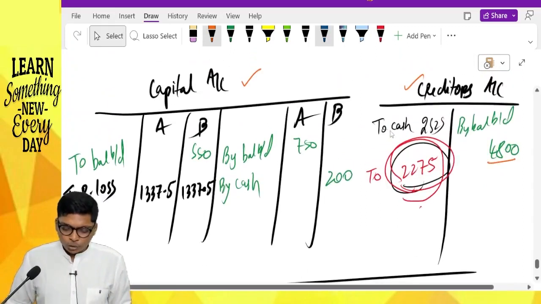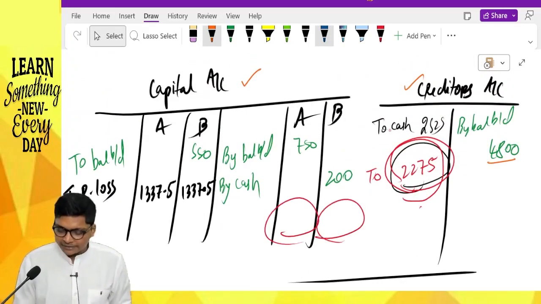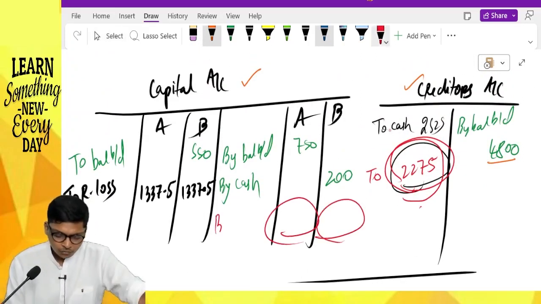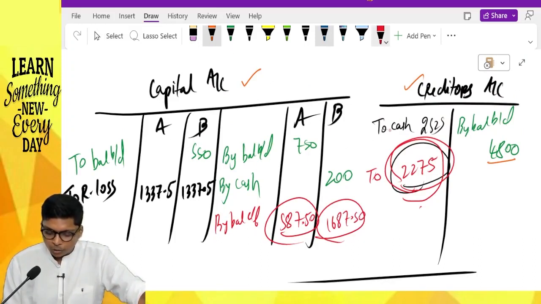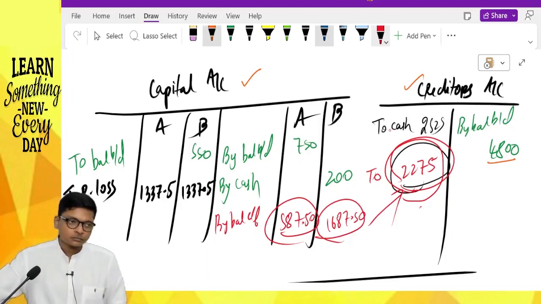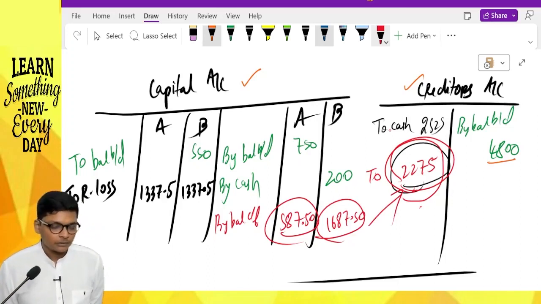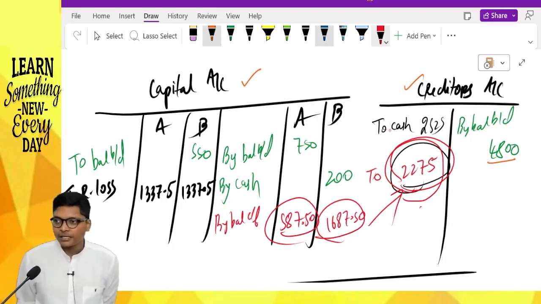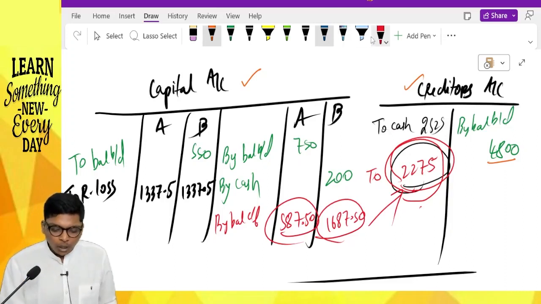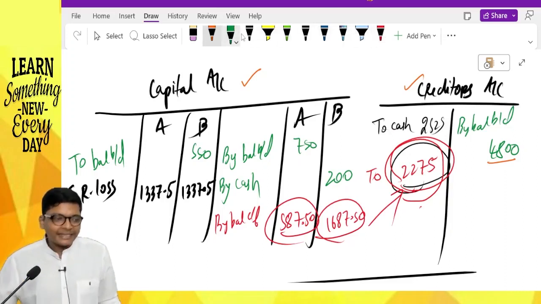Hold on. Can you close partners capital and tell me the balance? 5. Can you check the total of this matching with 2275? Is it matching, guys? So what are they communicating in this?